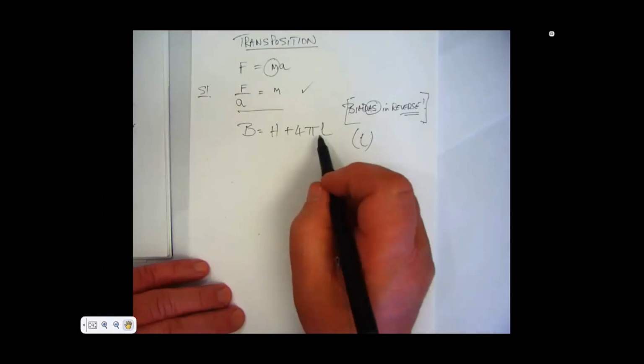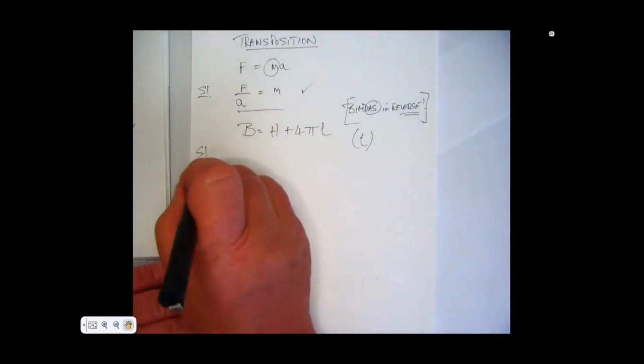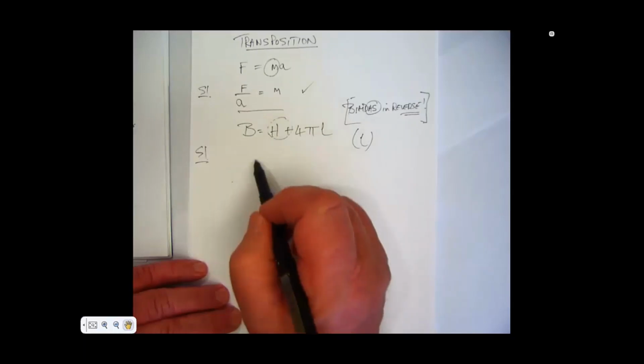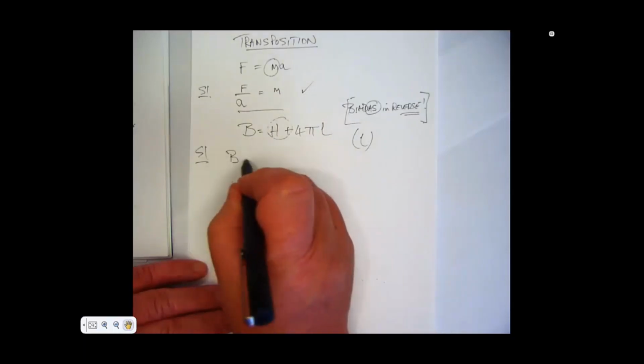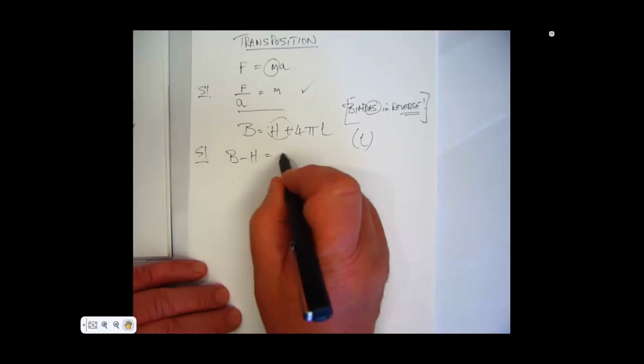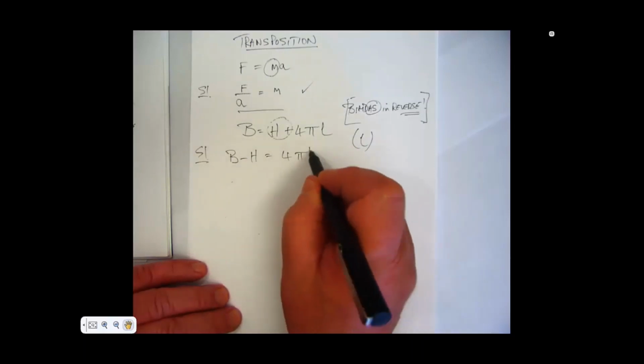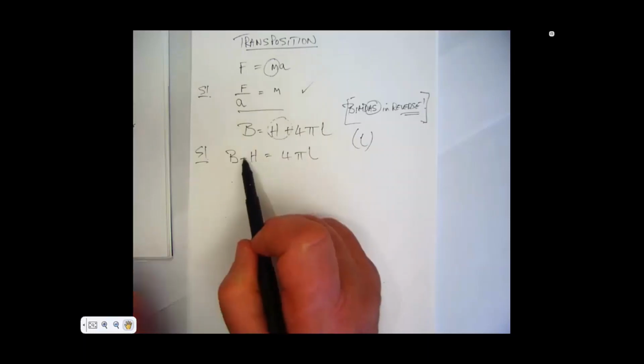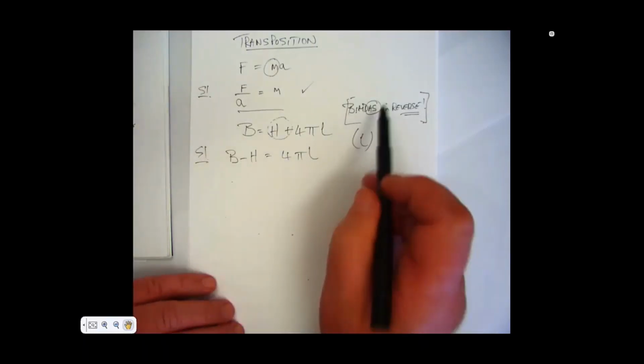So we need L. Okay, step 1. Is there any addition or subtraction here? Yes, the h is added on, so I get rid of that. B minus h equals 4 pi l. Now the h is added onto this side, so it's subtracted from that side, so we're following that rule.